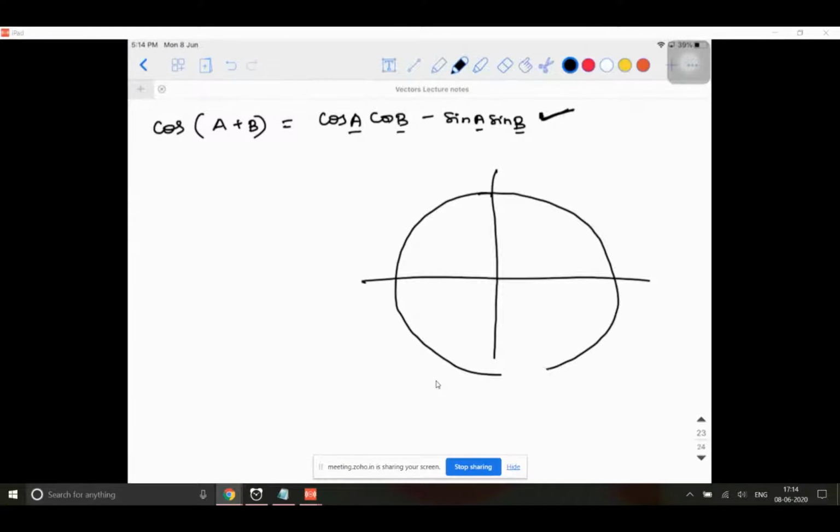So I am considering a circle. On this circle, I am going to take two points, A and one more point B. Such that from the origin, if I join it to the point A, what is the name of this vector? You wrote it yesterday.